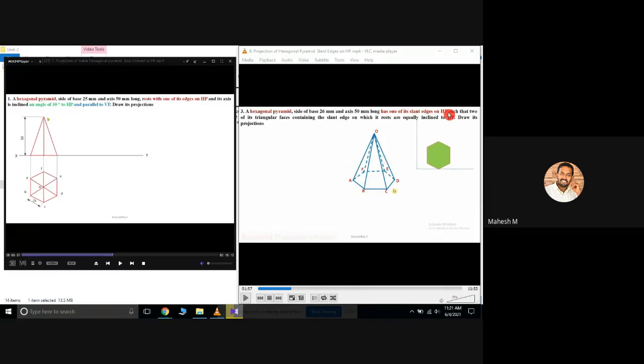Here it is not mentioned whether corner hexagon or edge hexagon; it says it has one of its slant edges on HP. If you draw an edge hexagon, a triangular face will come at the right end or the left end. So for the slant edge to be on HP, compulsorily you have to create, sorry, a corner hexagon.